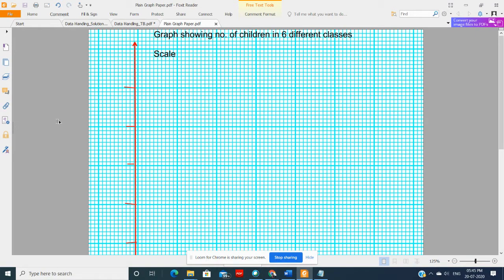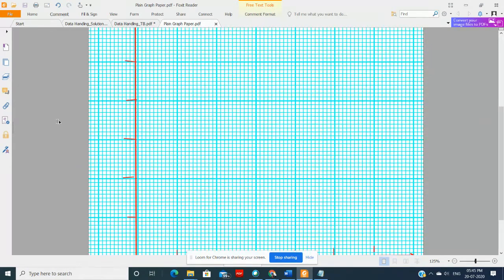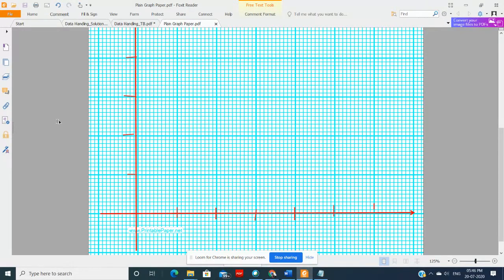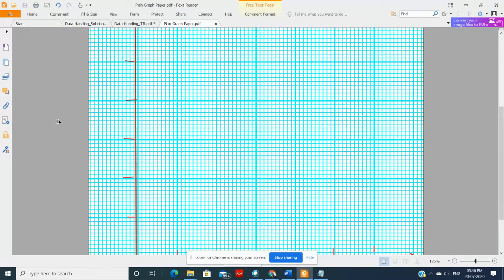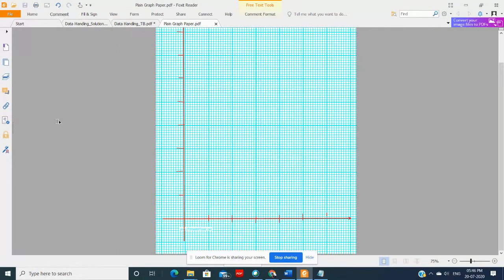See, here if you see my graph, this is kind of a small graph. It's not as big as you people are having, right? So I'll be trying to select such a number that would fit in my graph. Let me show you here.